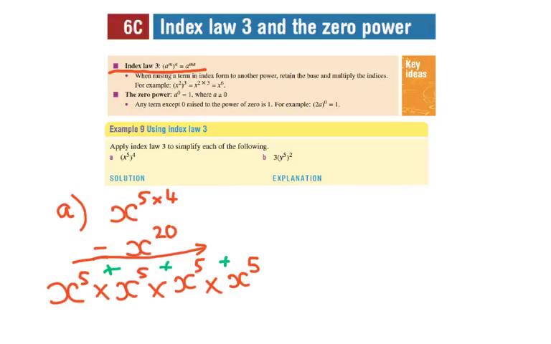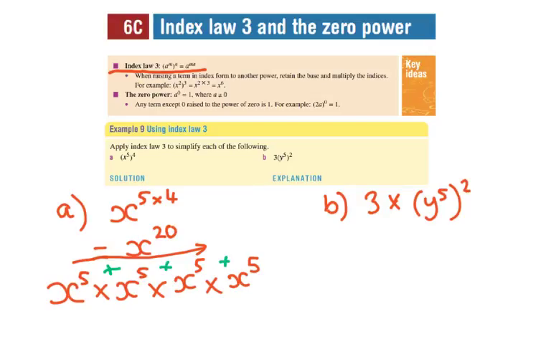So let's make it a little bit harder. Let's have a look at B. Notice that the 3 is on the outside of the bracket. So therefore the 3 is not the one getting squared. The y to the 5 is inside the bracket and that is what's getting squared. I'm just going to write it slightly different to what the question is, just to show you that the squaring is very much separate from the 3.